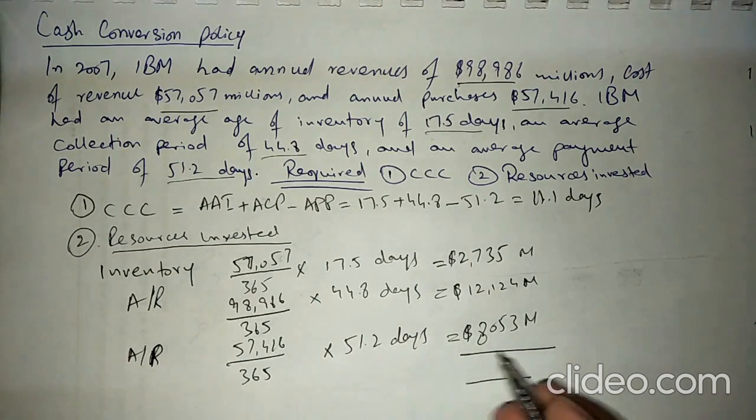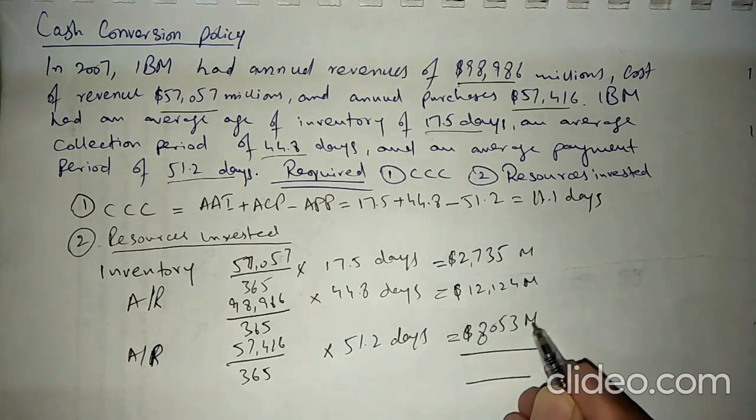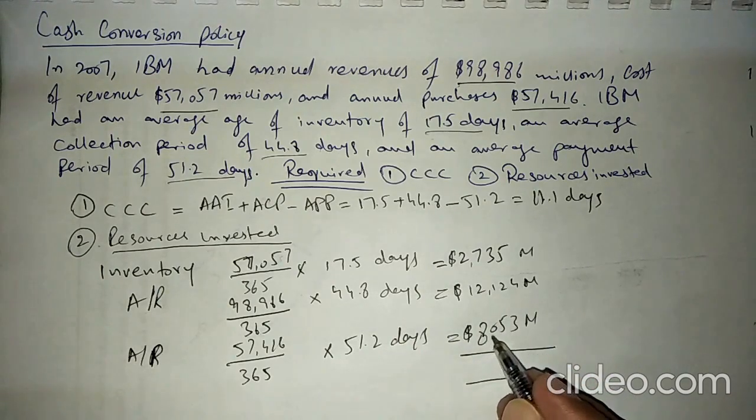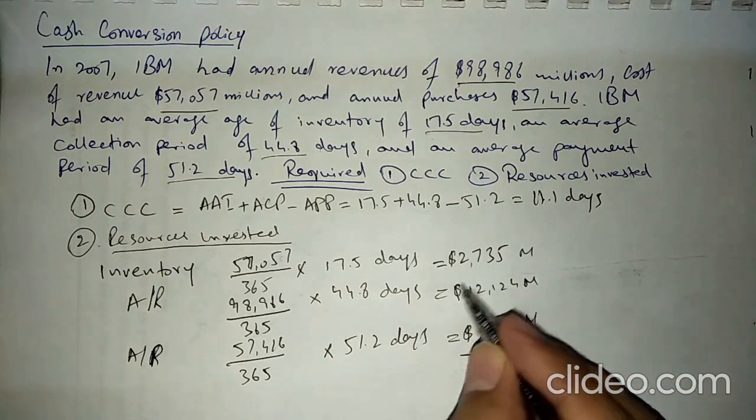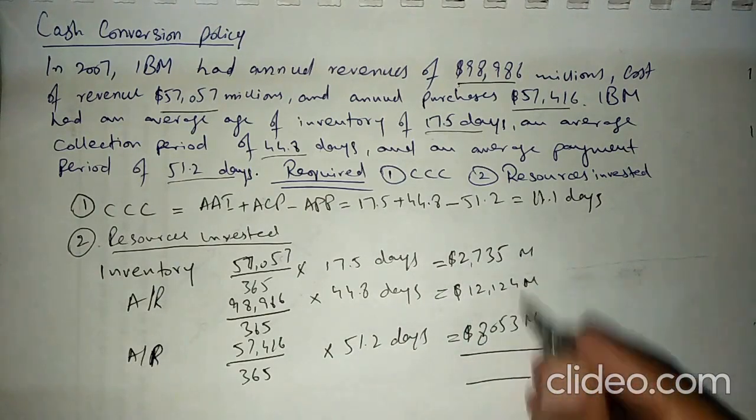So it means that this much amount is supported by our supplier, and we need this much amount for inventory and this much amount for accounts receivables in working capital management.